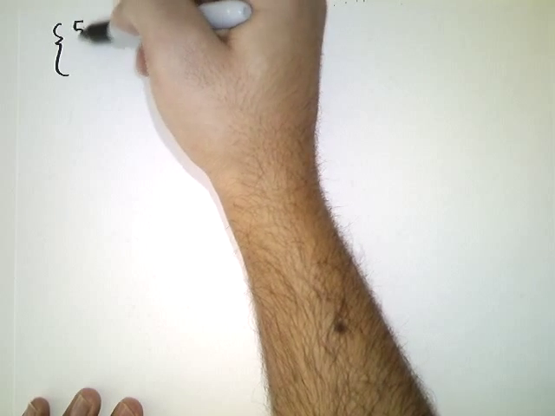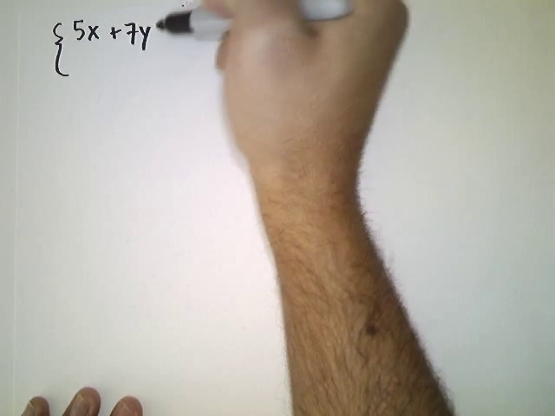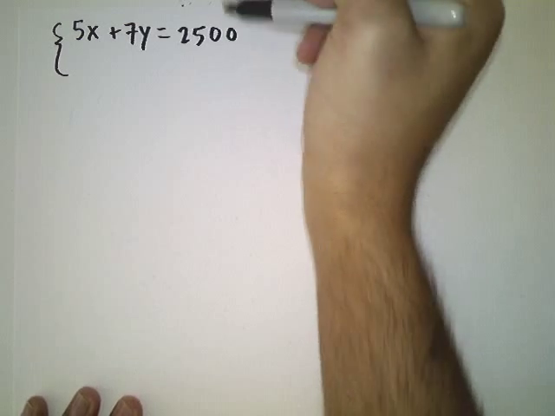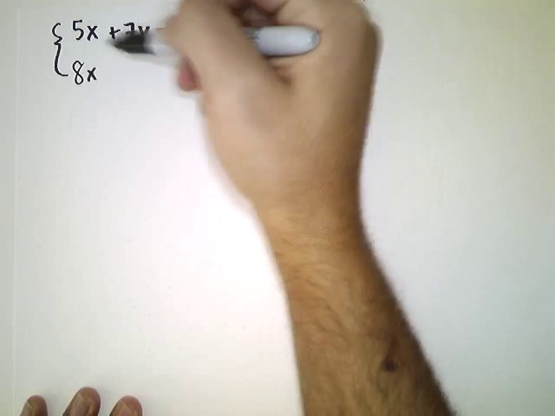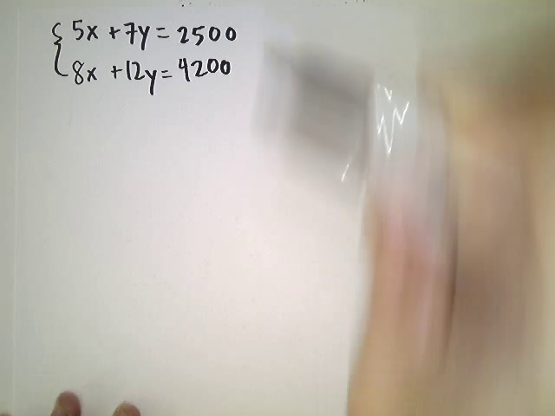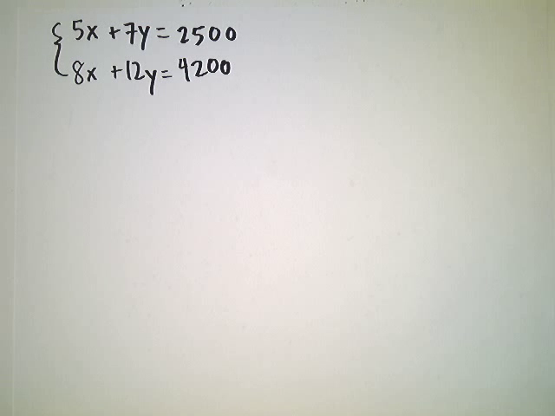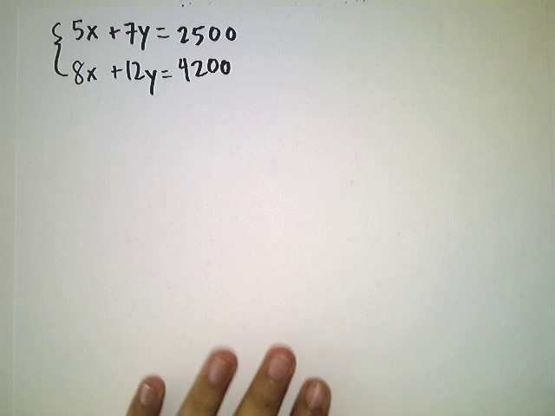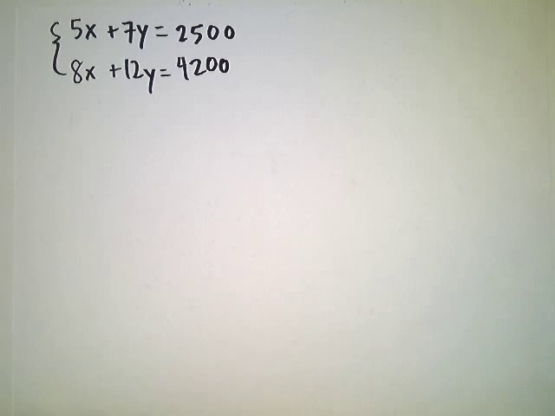Our system is 5x plus 7y equals 2,500, and 8x plus 12y equals 4,200. Now if you remember, the way elimination works is you have to get one of the variables so that the coefficients differ only in sign.